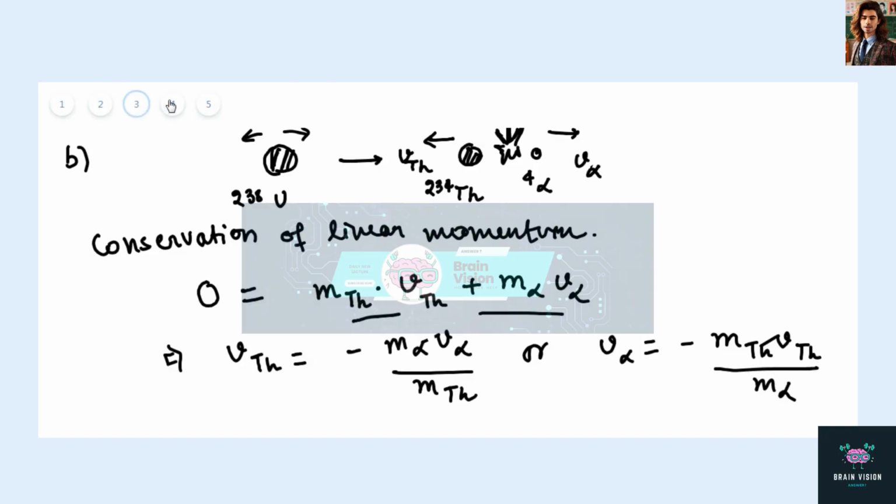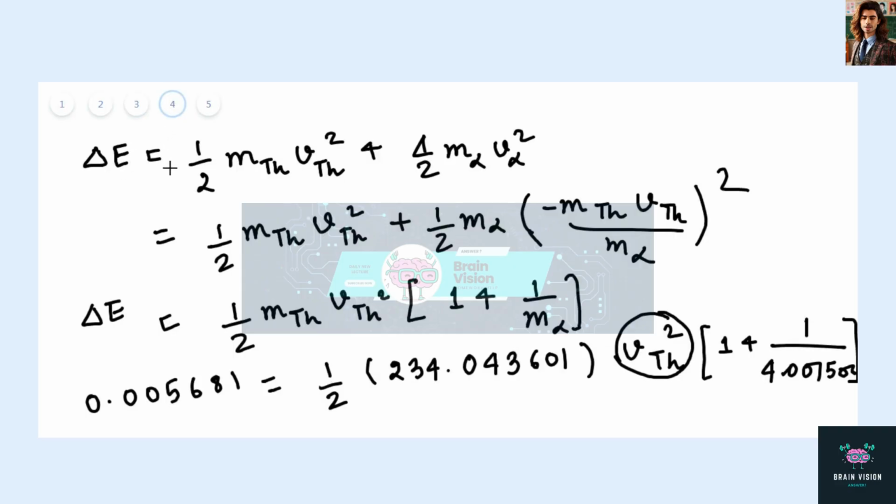Now, what we do is we write down the expression for the energy, and here we see there is no potential energy. All the energy that has been generated out of the reaction goes into the kinetic energy of the particles, and these are the formula of the kinetic energy. We do assume that the speed of the particles are much less than the speed of light, so that we can actually use this formula.